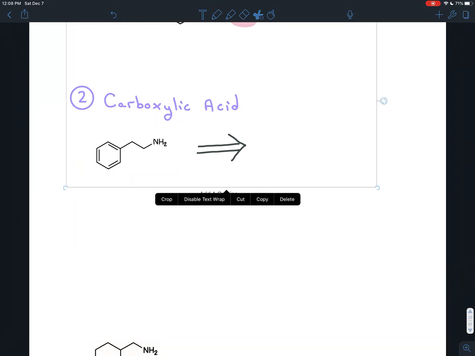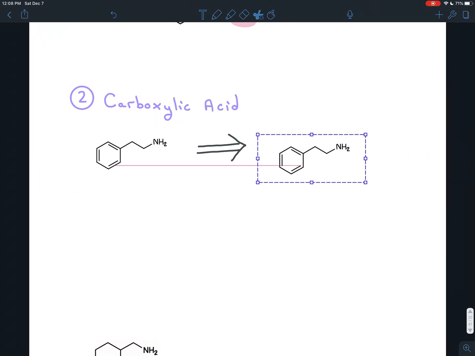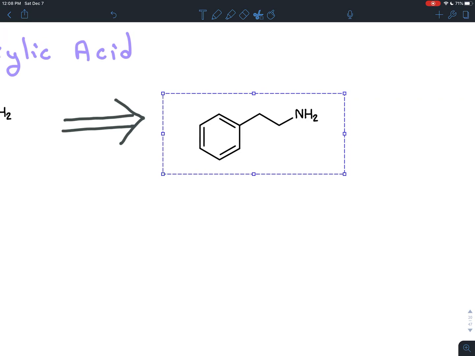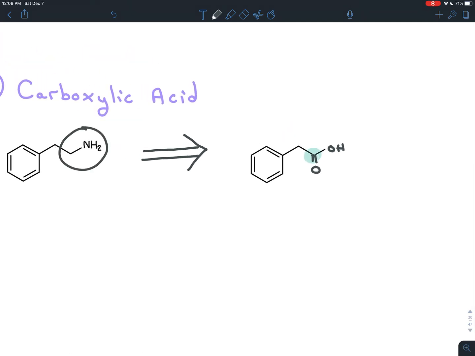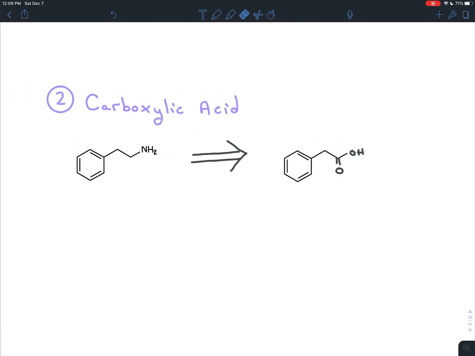To predict the carboxylic acid you need in order to make this, take the bond to the nitrogen, erase the nitrogen, and replace it with an OH. And the carbon that had the nitrogen on it, put a carbonyl there. So the carbon that had the nitrogen on it turns into a carboxylic acid. That is the carboxylic acid we need.